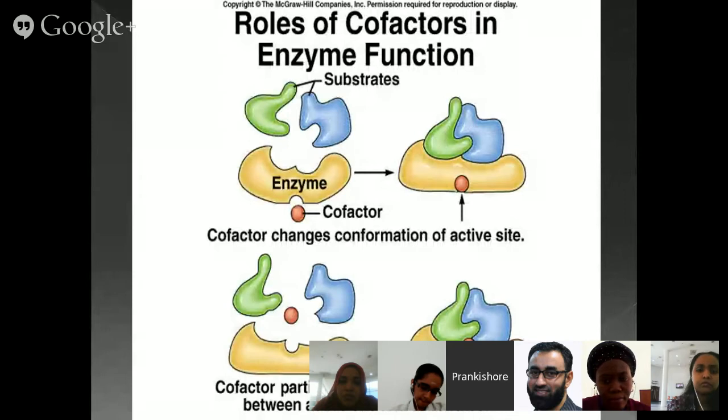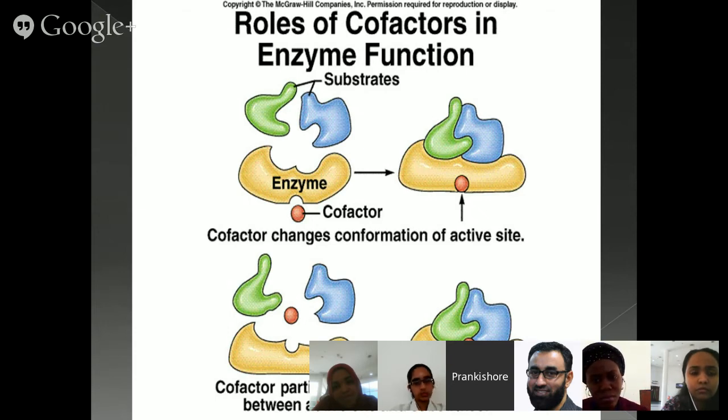What is the role of cofactors in the enzyme function? Suppose we assume there are two substrates going to bind to the enzyme as indicated in the picture. As the substrates approach the enzyme, they cannot bind easily. The reason is that the active site of the enzyme, or the binding site of the enzyme, is not complementary to the substrates.